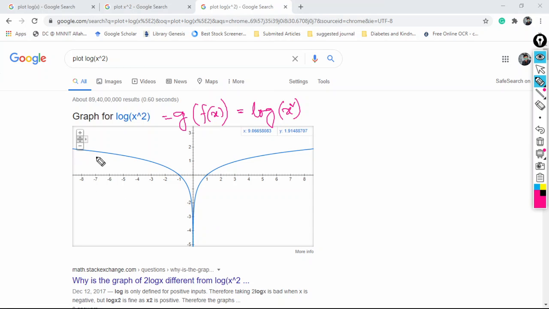Its minimum value also lies at 0. You can see it from here. This side is a decreasing function, this side is an increasing function, so the minimum value will be here. Geometrically we can see it.